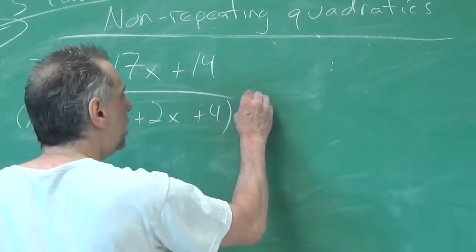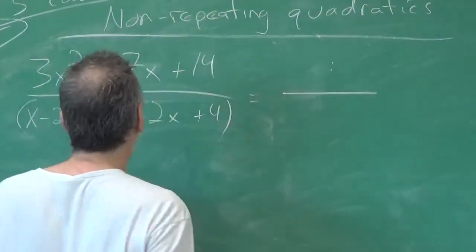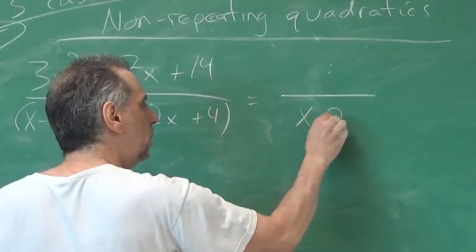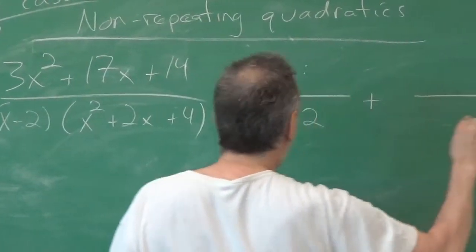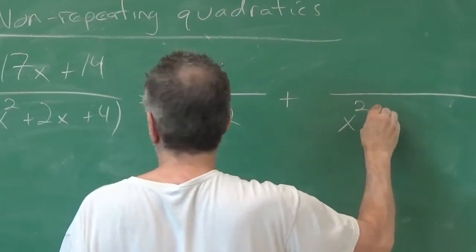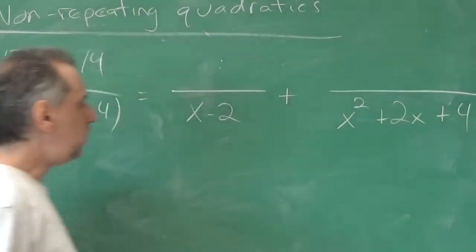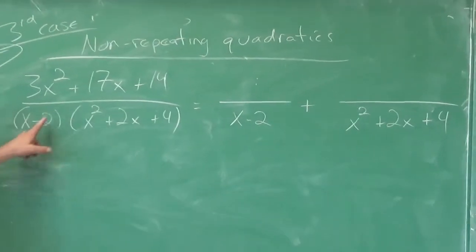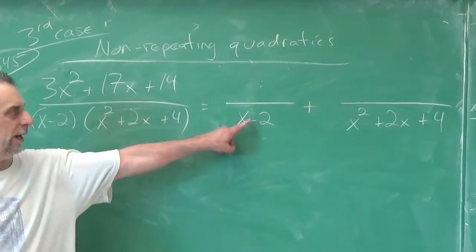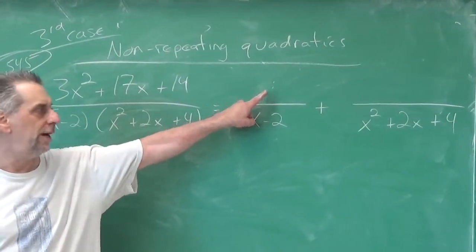So what happens here is we're going to get one fraction for that linear factor, and then another fraction for the quadratic factor. Now notice when we have a linear factor in the denominator, we have a constant term in the numerator, right? 1 degree less.